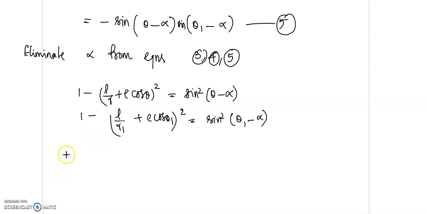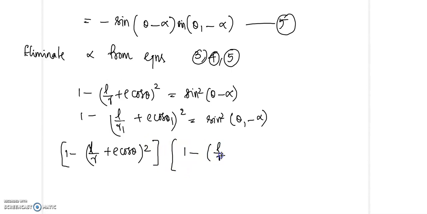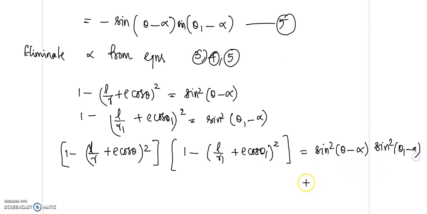So (1 − L/r + e cos θ)² into (1 − L/r1 + e cos θ1)² will be equal to sin²(θ−α) sin²(θ1−α).